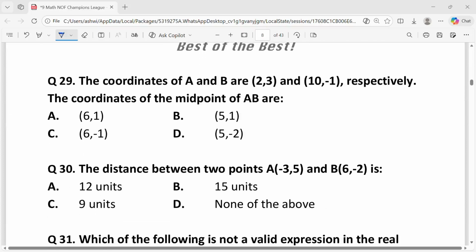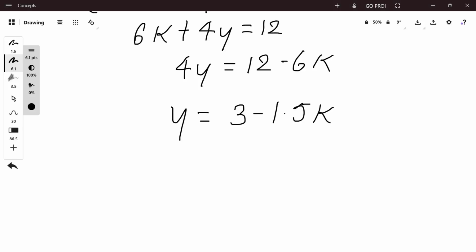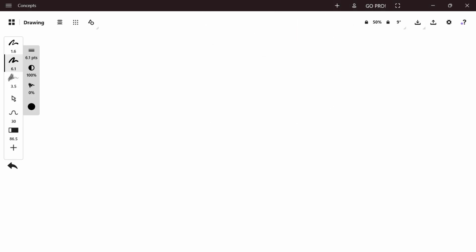Question 29. The coordinates of A and B are (2, 3) and (10, minus 1) respectively. The coordinates of the midpoint of AB are? The midpoint of a line segment with endpoints (x1, y1) and (x2, y2) is given by the formula M is equal to (x1 plus x2 upon 2, y1 plus y2 upon 2).